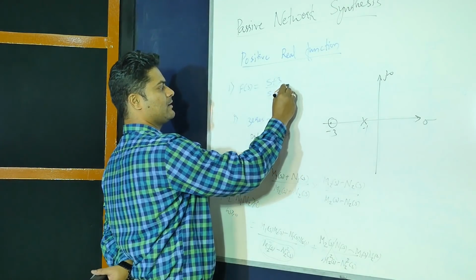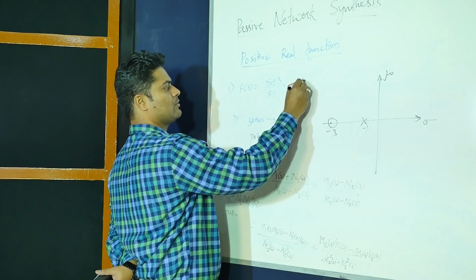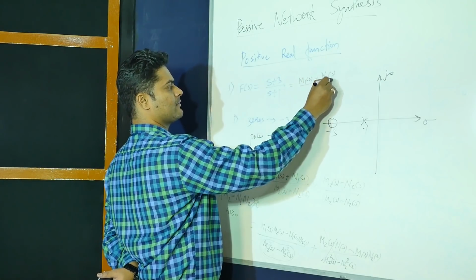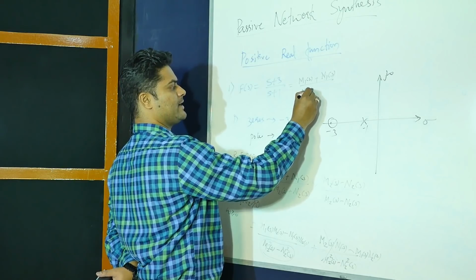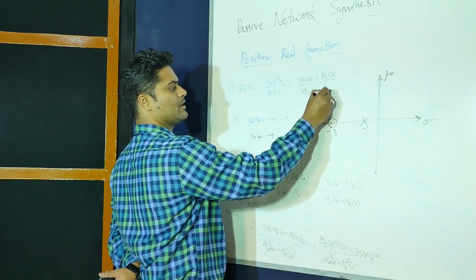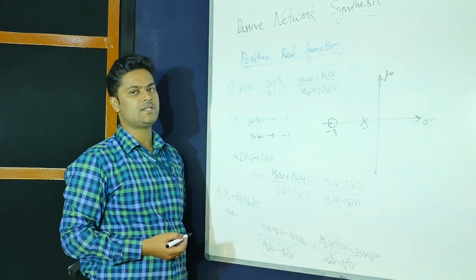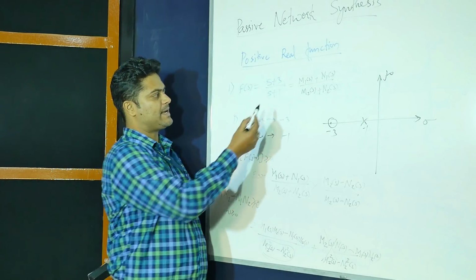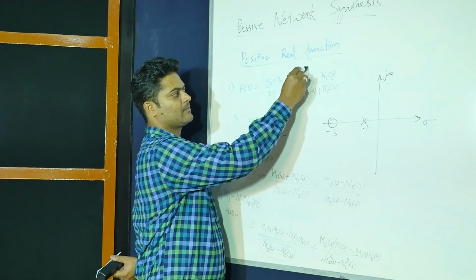So here I want to know m1 of s, n1 of s, m2 of s, n2 of s. Which is m1 in this? m1 is an even polynomial. So is my 3 an even polynomial?